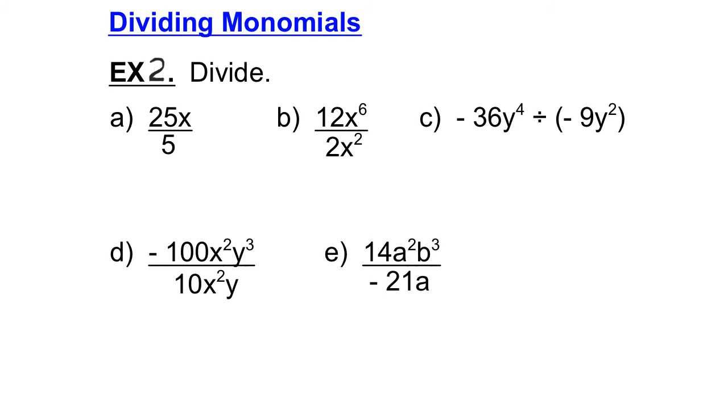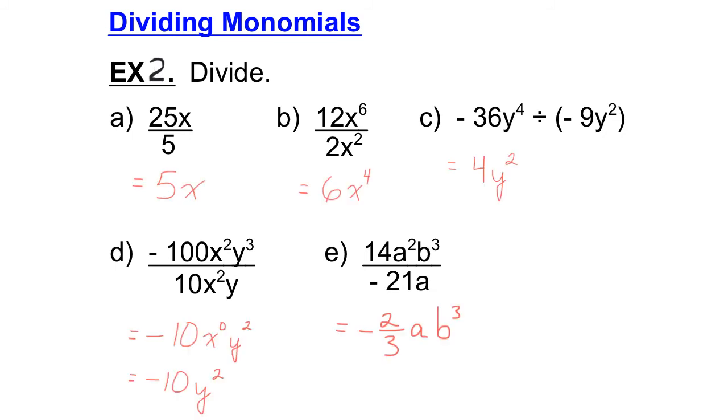And when I'm dividing the letters, the variable parts, I have to use my exponent rules. So here I'm dividing powers with the same base. So I'm going to subtract my exponents. So why don't you pause the video right now and try all of these on your own, and then you can check back here.